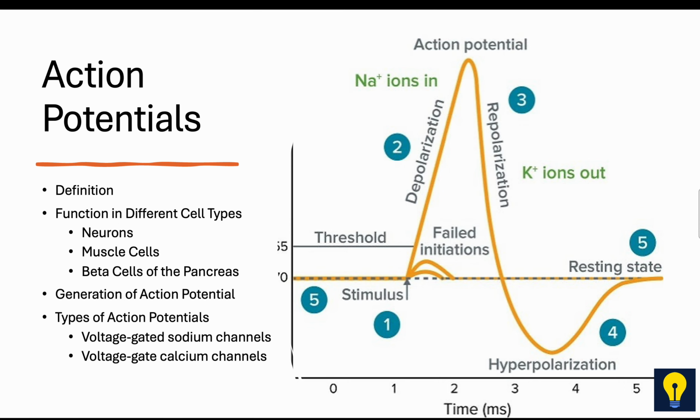Now, there are different types of action potentials that exist in animal cells: those generated by voltage-gated sodium channels and those by voltage-gated calcium channels. Sodium-based action potentials typically last for less than 1 millisecond only, while calcium-based ones may last for 100 milliseconds or longer.